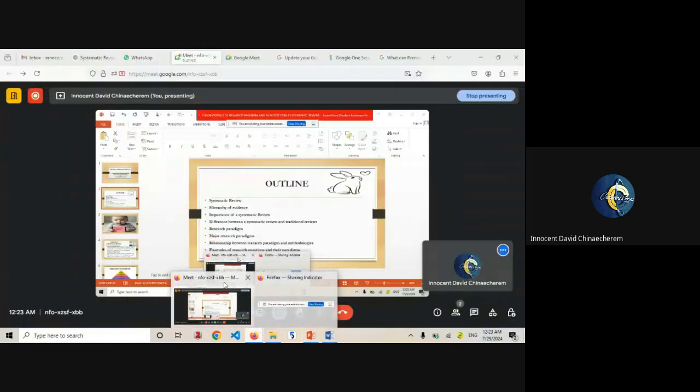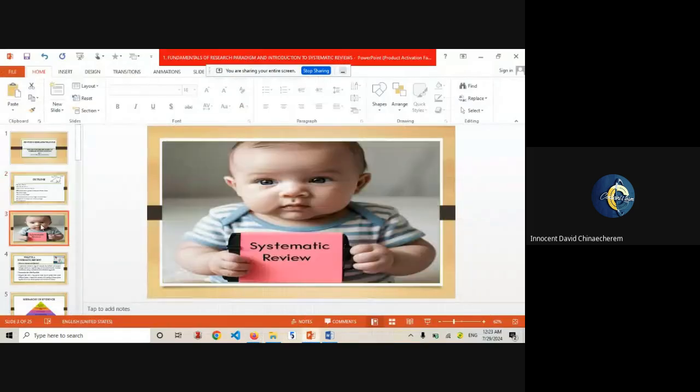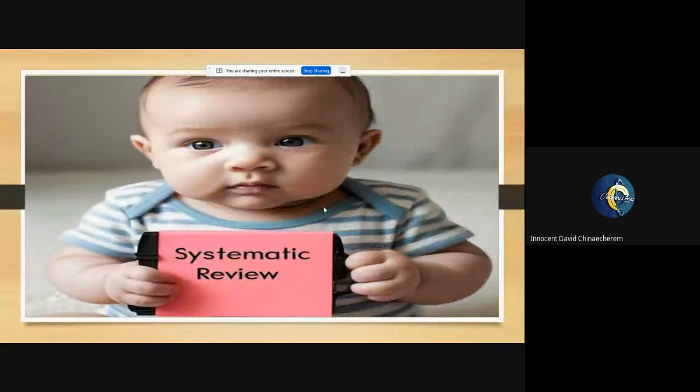Before we commence this session, we really need to make it very clear to each and every one of us that we have a baby here. This baby lets us know that systematic review is going to be explained as simply as to a 5-year-old.